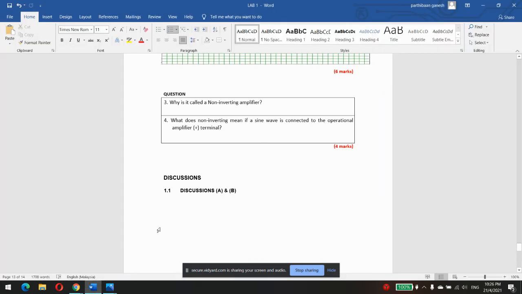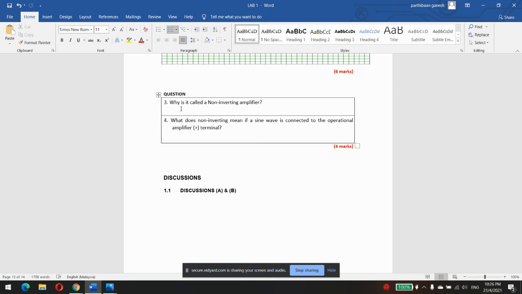Now, why is it called a non-inverting amplifier? It's called that because it produces only an amplified input signal, and the output signal of the non-inverting amplifier is in phase with the applied input signal.